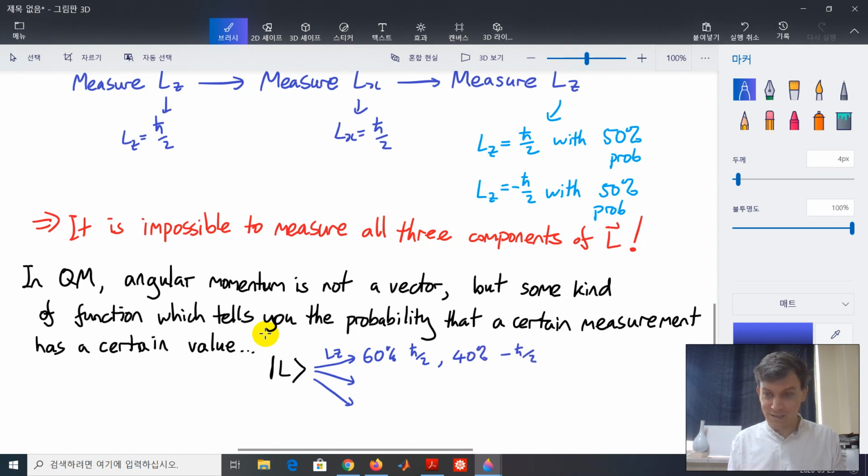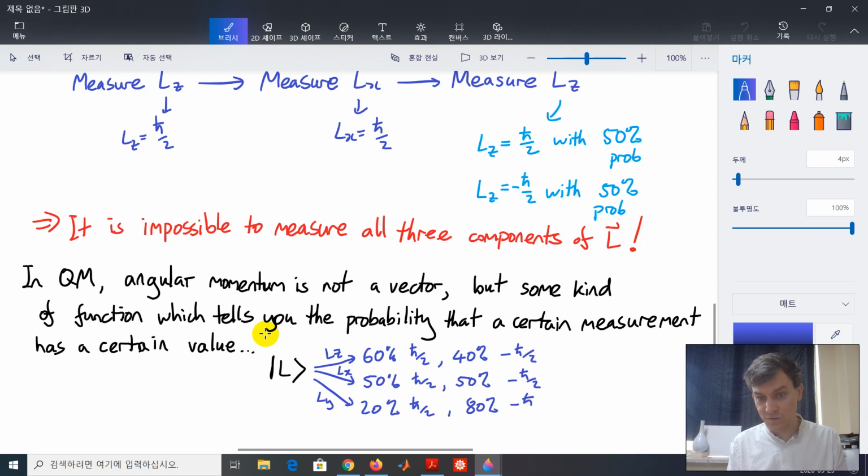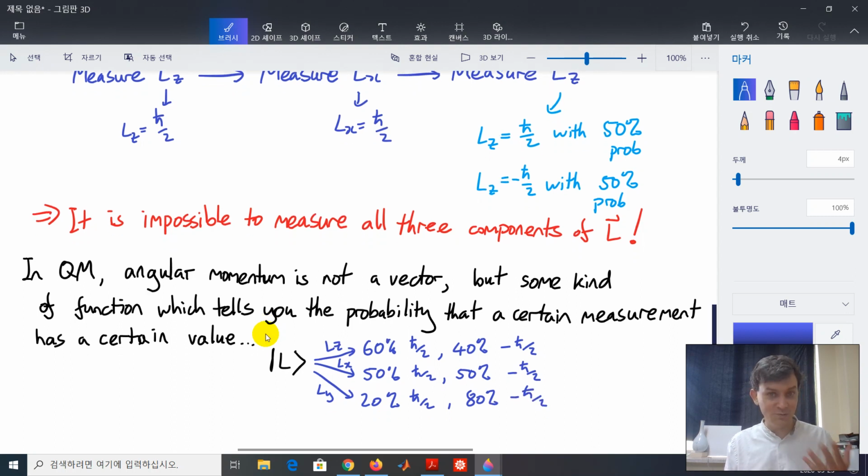And let's suppose that you want to measure Lx. Then you might have a 50-50 chance. And if you want to measure Ly, then let's suppose you have a 20% chance of h bar over 2 and an 80% chance of minus h bar over 2.